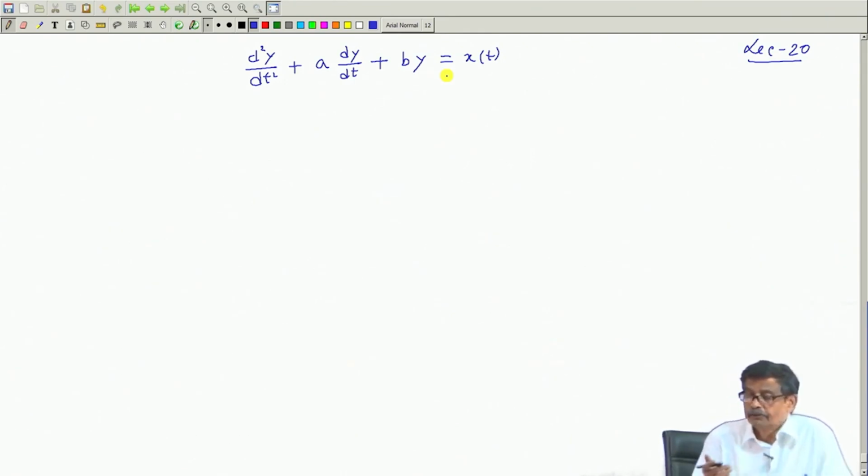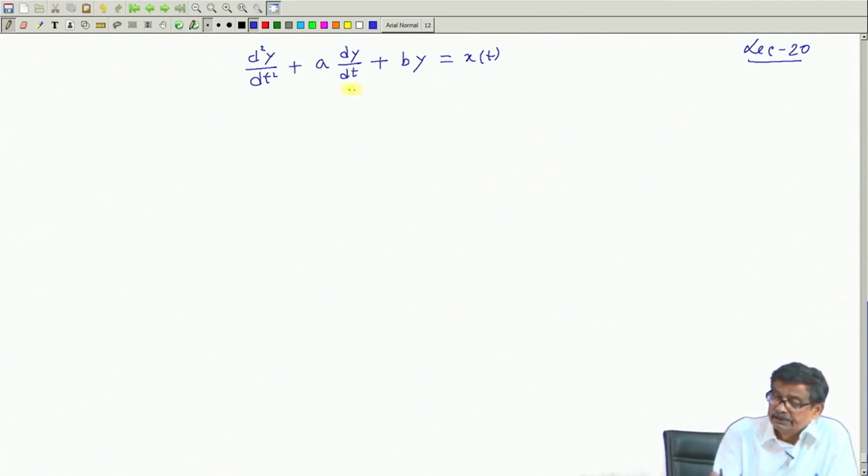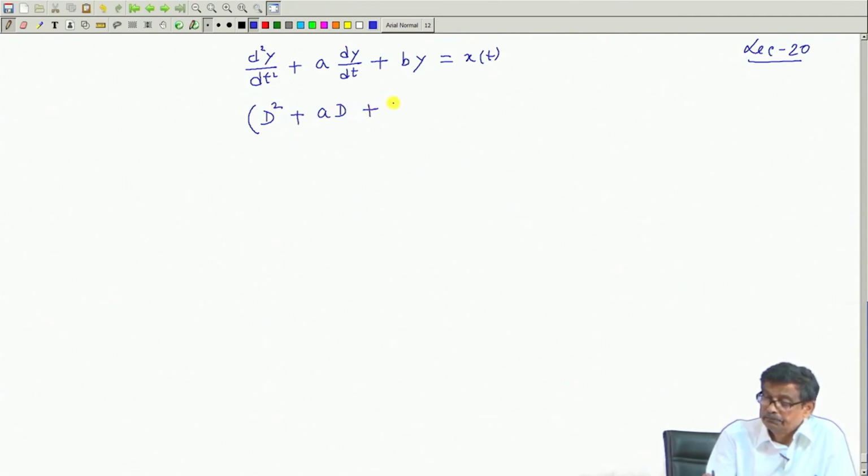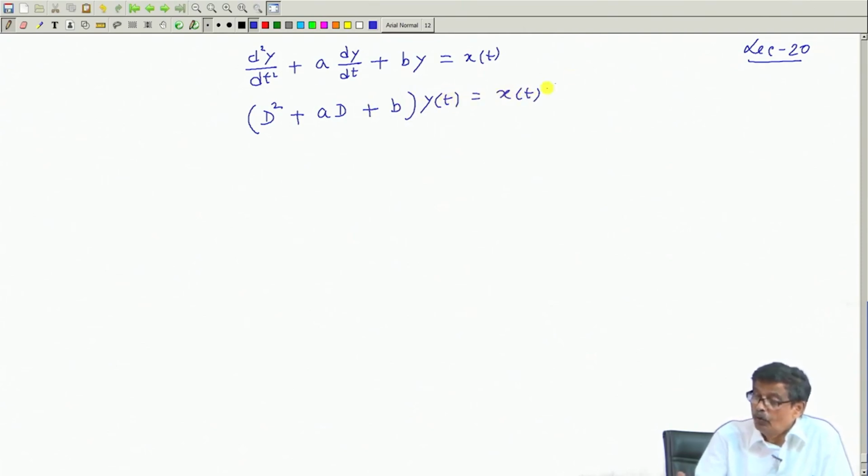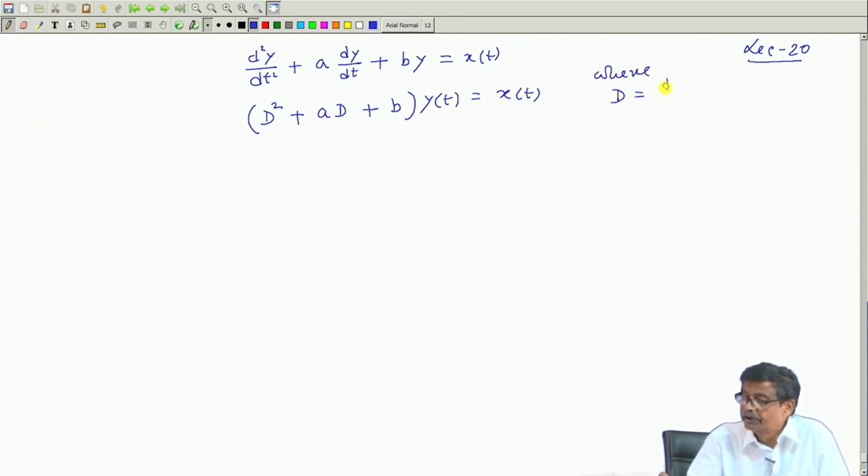Now, first of all, what we will be doing is this one. This left hand side, I can write it like this: (D squared plus a D plus b) into y(t) is equal to x(t), where D is the operator d/dt.